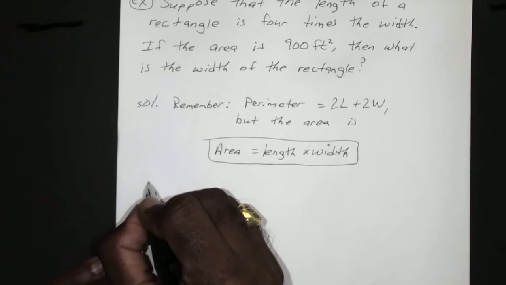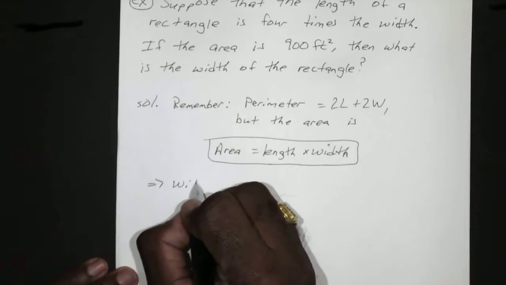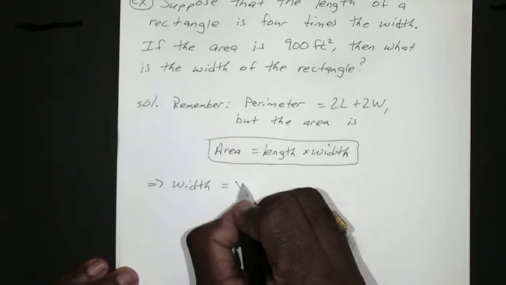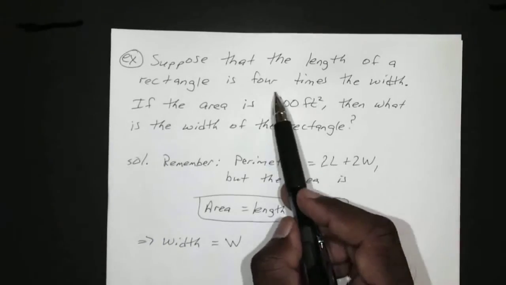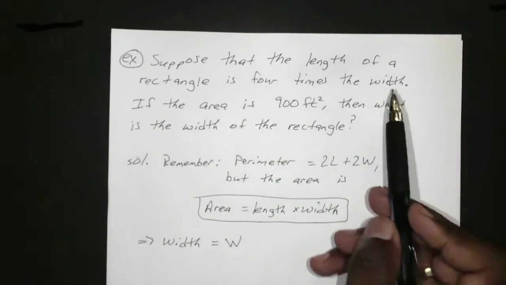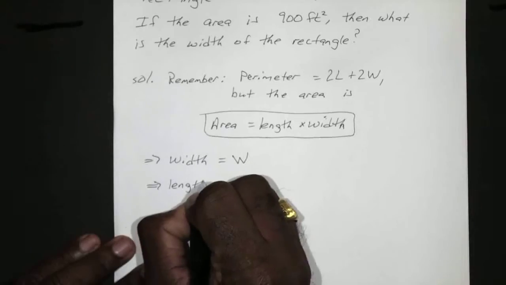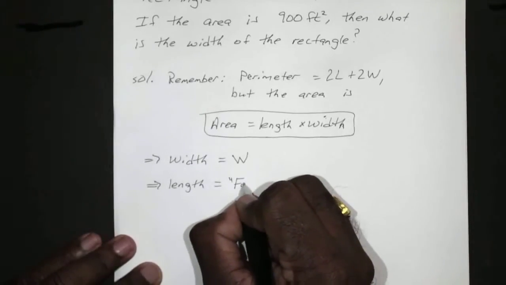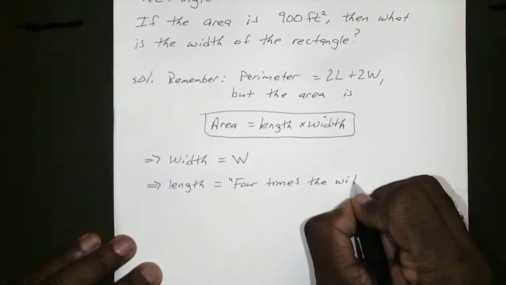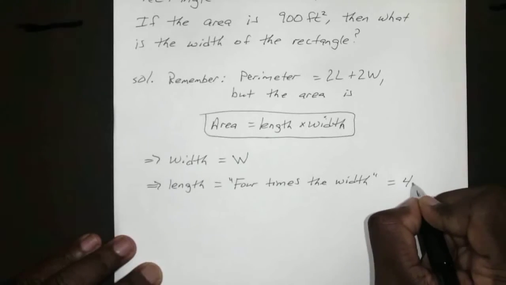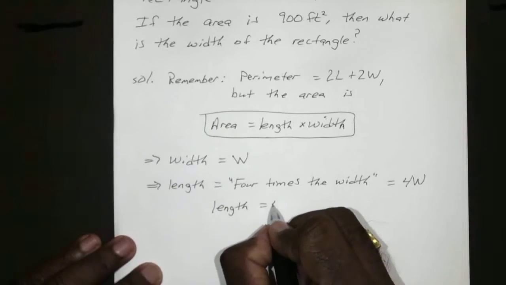Okay, so we know that we'll let the width equal W. And they told us that the length is 4 times the width. So we're going to make the length equal to 4 times the width, or just length equals 4W.